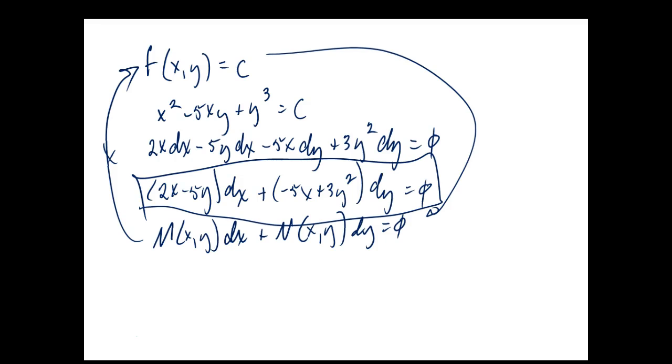Well, obviously we did, because we started with this and we carried it through. Basically we took a d of this equal a d of that. We took a differential of both sides and we produced this. Now the question is, if you're given this, can you guarantee you can get back to one of those? That's what we're going to be doing.